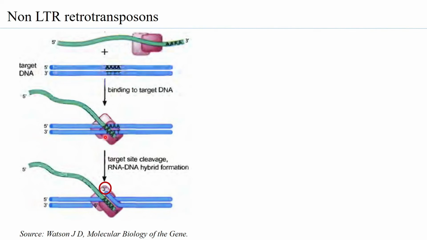So therefore what is done is the ORF makes a cut in this strand, okay, and having made the cut, the poly A tail of the LINE mRNA binds to the poly T, as you can see over here.